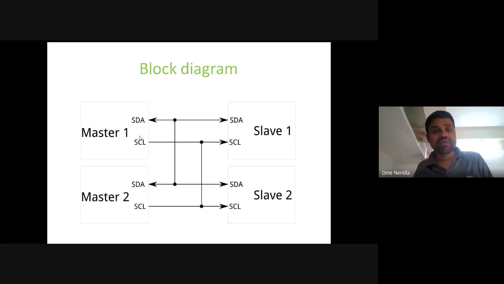Generally, A4 and A5 are used as analog pins, but the specialty of A4 and A5 is that A4 is the serial data line and A5 is the serial clock line. It is similar to serial communication with pins 0 and 1, where 0 is the receive pin and 1 is the transmit pin. Here also, A4 and A5.